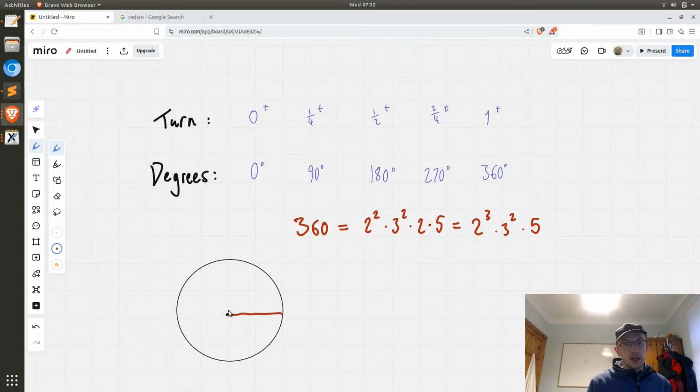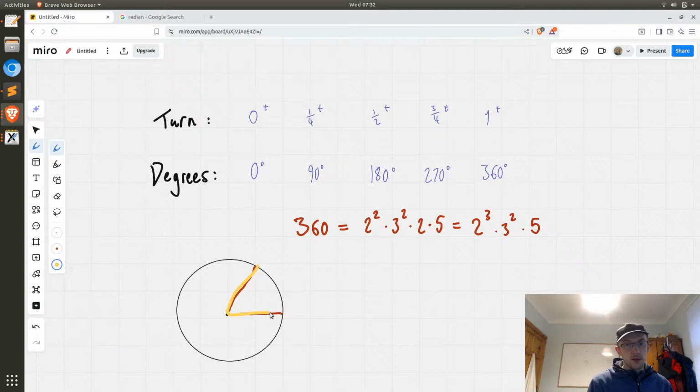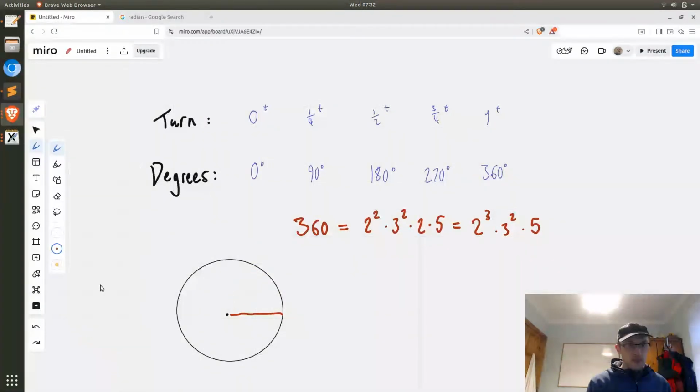There's another radius. And this thing here is a sector of the circle. And, beg your pardon, I meant to do that in black.